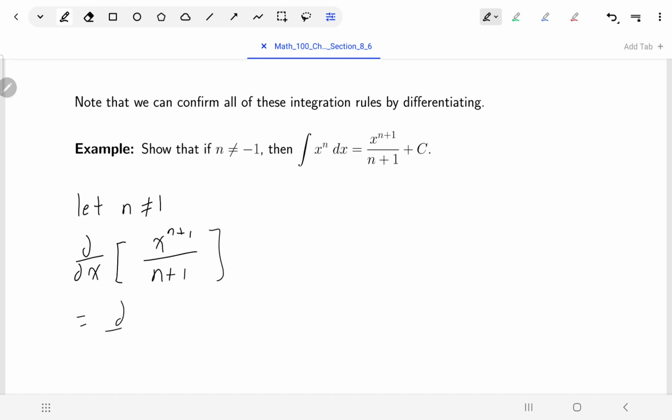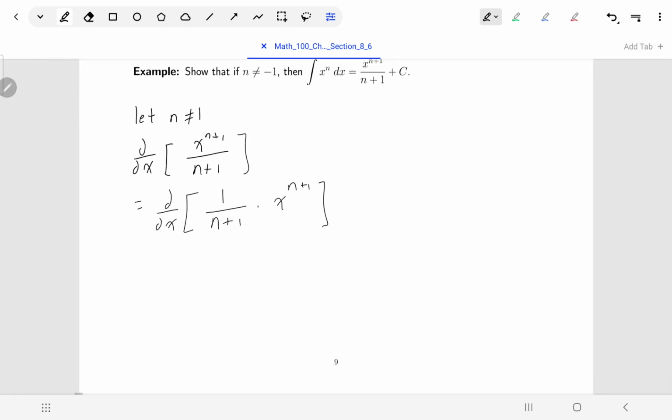The n plus 1 in the denominator is of course a constant multiple, so I could rephrase that as 1 over n plus 1 times x to the n plus 1. And now if I wanted to differentiate, the constant multiple rule says the constant multiple can stay outside, and then the power rule says that the power would come down and the power would get reduced by 1, and the n plus 1's cancel, and I'm left with x to the power of n.